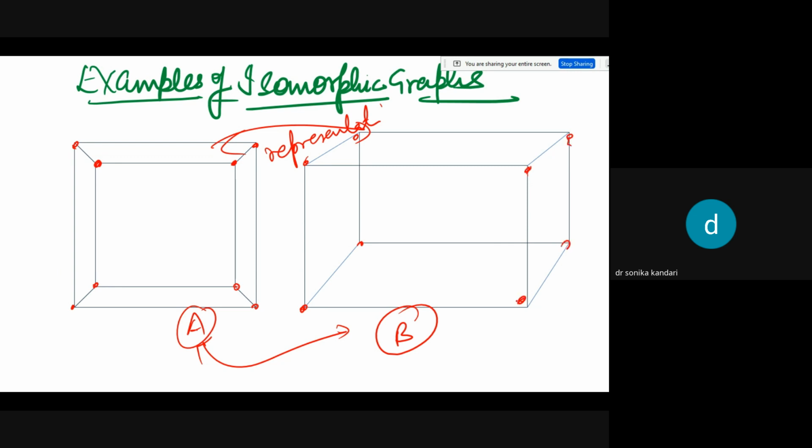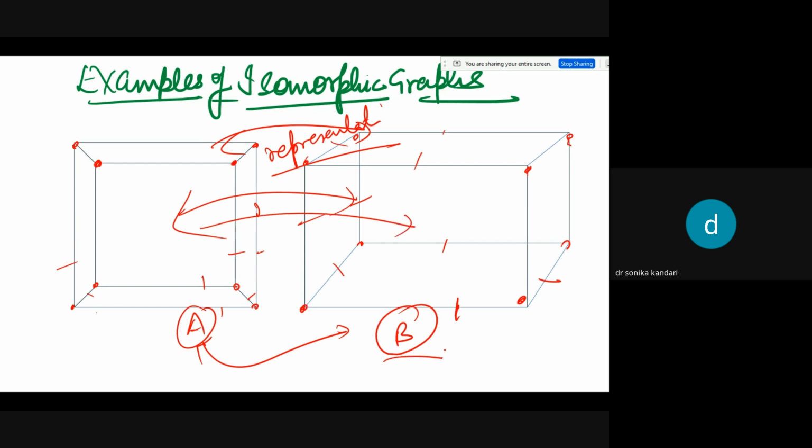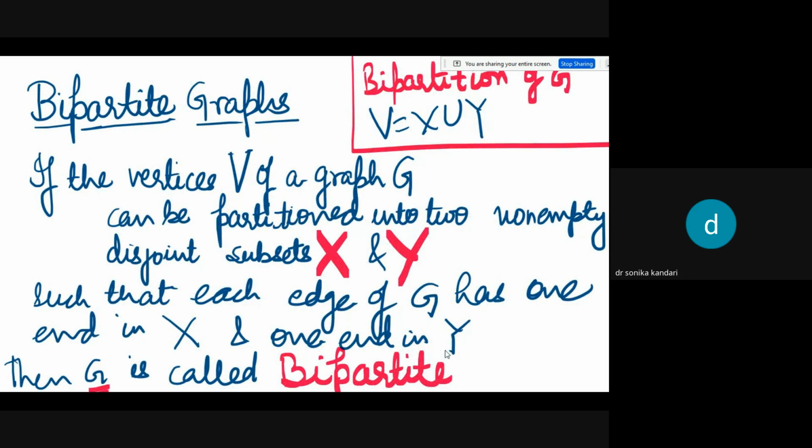Is it clear? Yes, ma'am. Now edges: 1, 2, 3, 4, 5, 6, 7, 8. In this way you have to count the edges, here also. The number of edges and number of vertices are the same. Only the representation is differing. So these two are examples: A is isomorphic to graph B. Is it clear, class? Yes, ma'am.